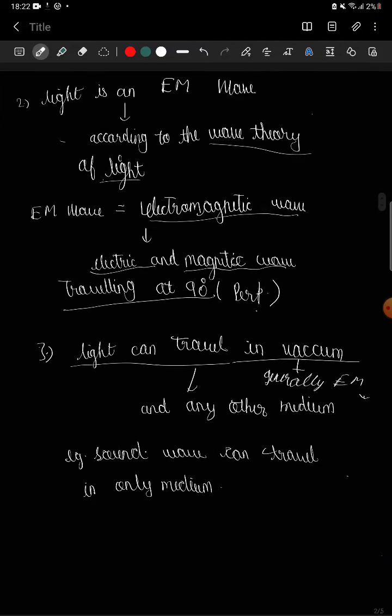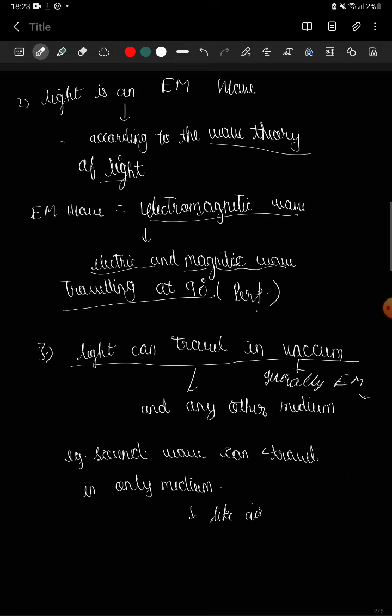So let's say sound wave. A sound wave cannot travel through a vacuum, right? Light can travel through a vacuum, but sound cannot. Sound can only travel in a medium like air, right? So when astronauts go to the moon, they cannot talk to each other, because that would consist of sound.